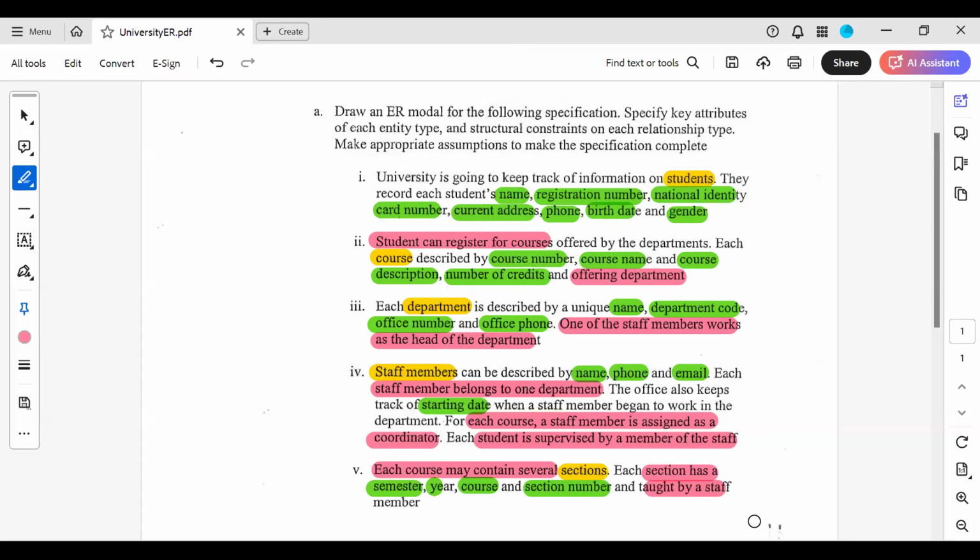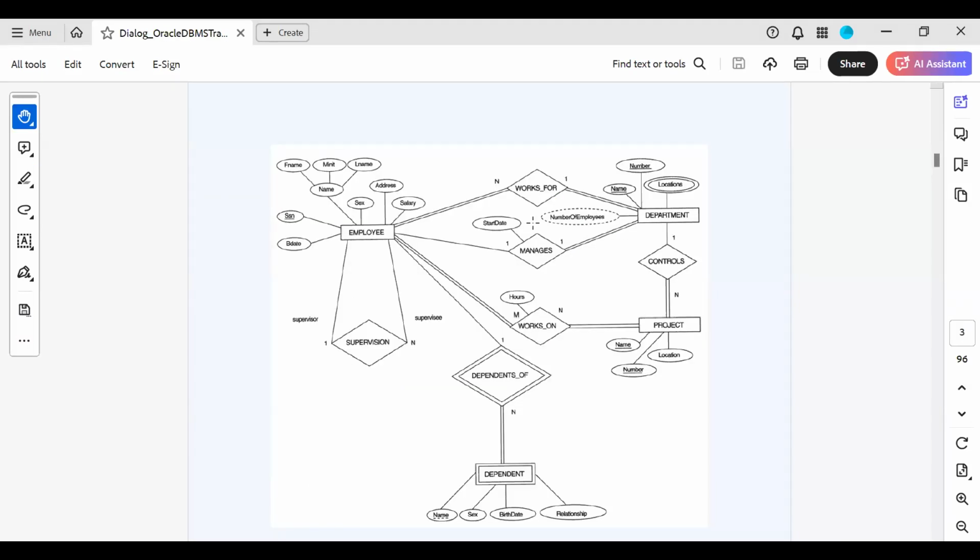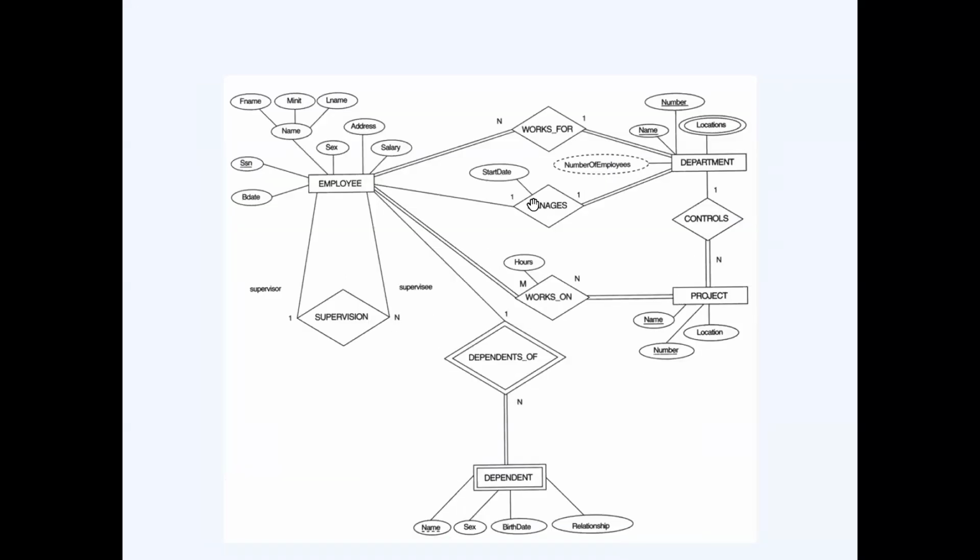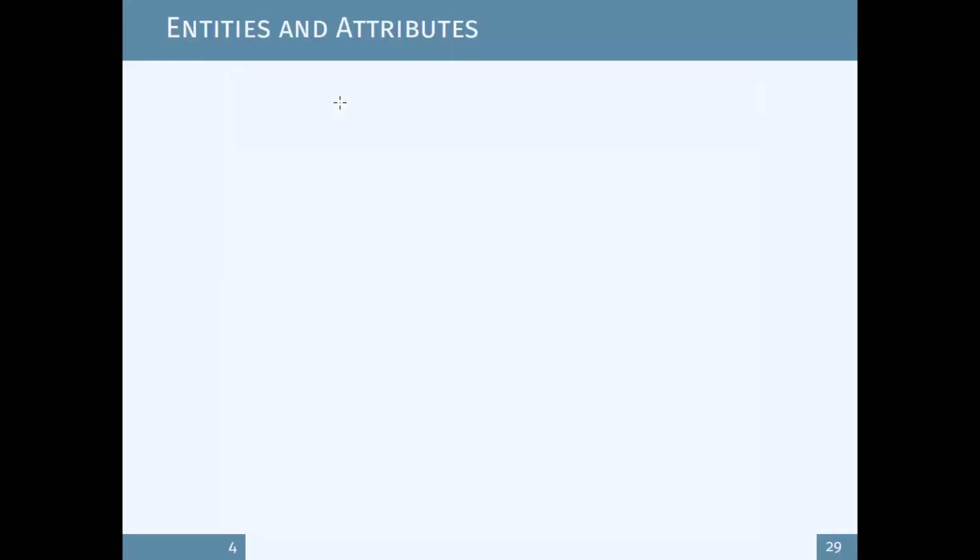Now let me go back to the second half, which is we need to now identify what tables and what relationships we are going to have, right? That is the new part today. Okay.